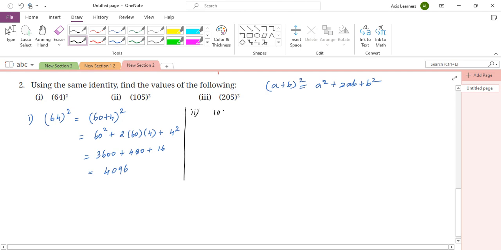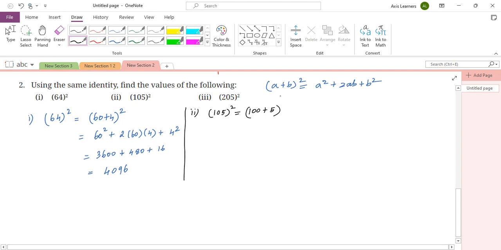Next one, 105 square. How can we split this? Since we have 3 digits, split it as 100 plus 5. Previously we split this as 60 plus 4, but here 105 is 100 plus 5.